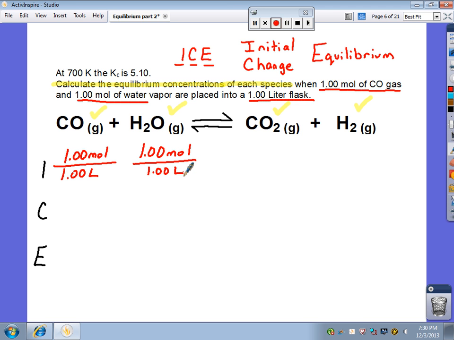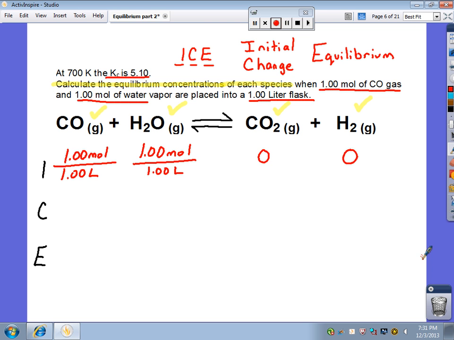If you notice in this problem, there's nothing at all listed about carbon dioxide or hydrogen gas at the beginning. In other words, they're not there. So the 2 reactants, carbon monoxide and water vapor, are placed into a flask. You do know something else. You know that the Kc is 5.10 at 700 Kelvin, or excuse me, 700 Kelvin, I shouldn't say degrees. So I know that I have a Kc value. I may or may not need that.